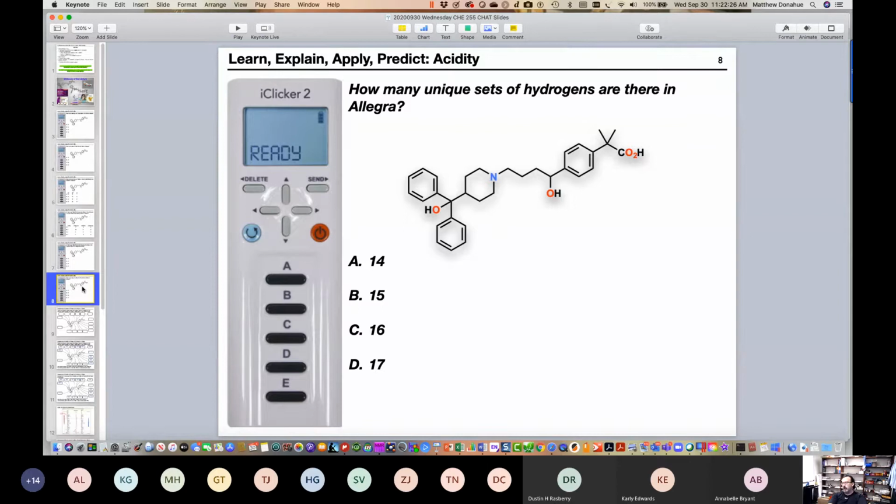So again, this is sort of the classic hydrogen NMR type question.